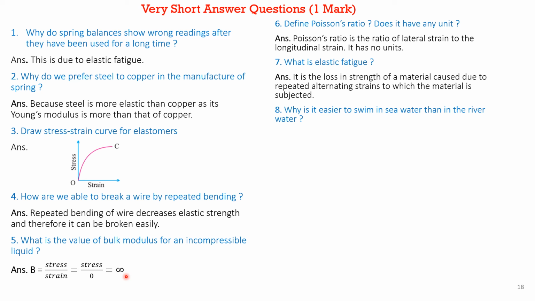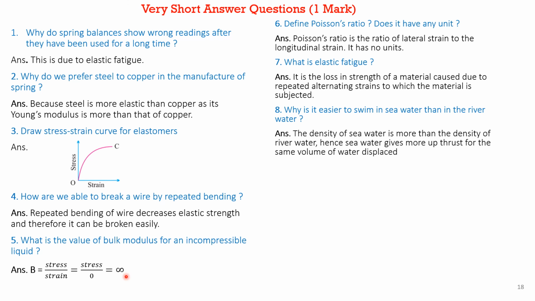Question number 8. Why is it easier to swim in sea water than in river water? The density of sea water is more than the density of river water. Hence, sea water gives more upthrust for the same volume of water. This question number 8, you please skip for the time being.